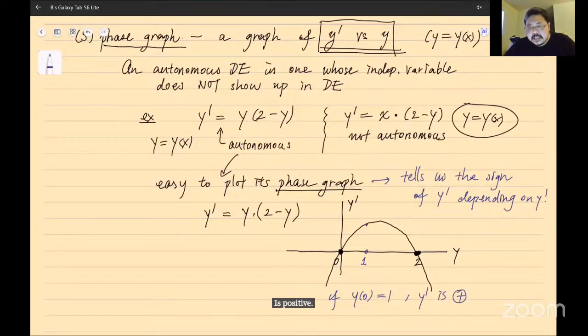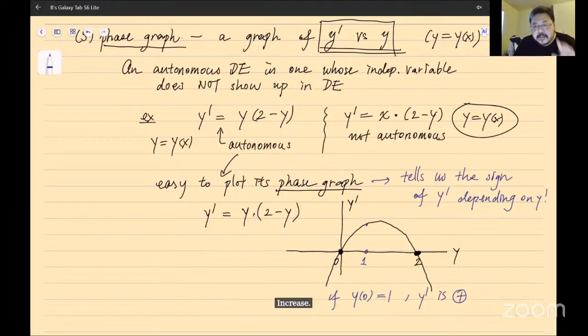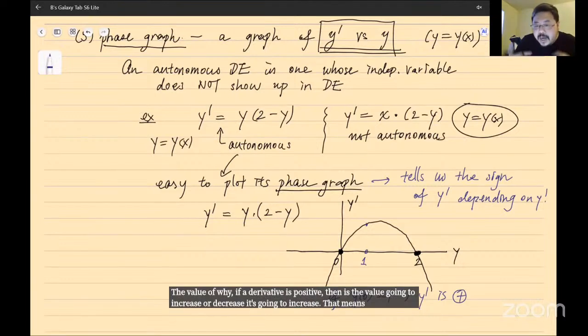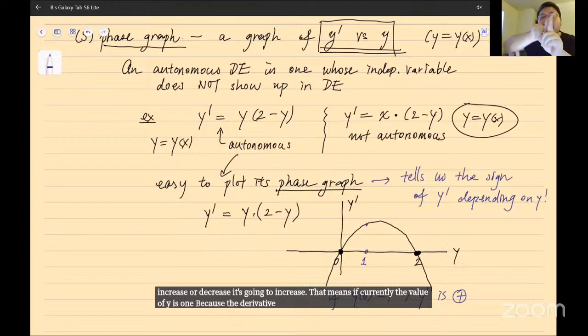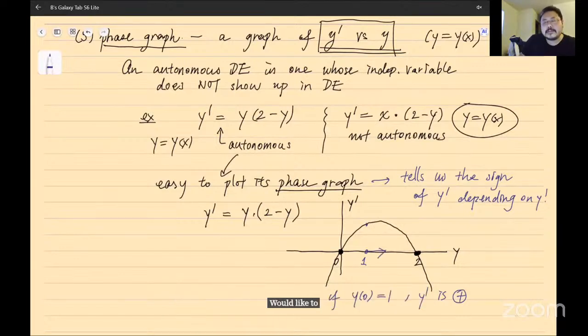If it's positive, what's going to happen to the value of y? If the derivative is positive, is the value going to increase or decrease? It's going to increase. That means if currently the value of y is 1, because the derivative is positive, it's going to want to increase. That means this 1 would like to go to the right. Does that make sense? Oh, interesting.